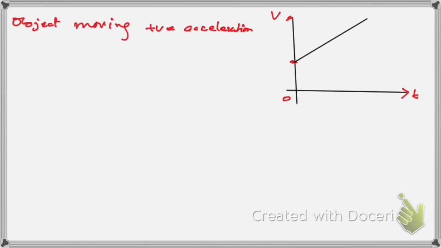So it is uniform acceleration. Then the graph is going to be like this, because in every second the velocity is increasing. You can see clearly velocity is increasing, right?